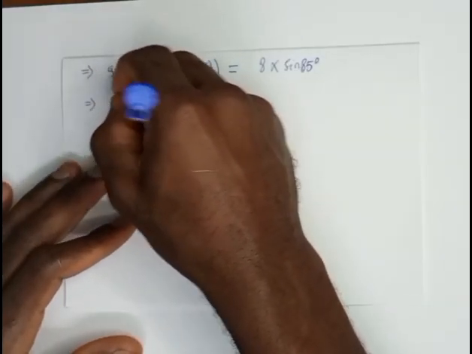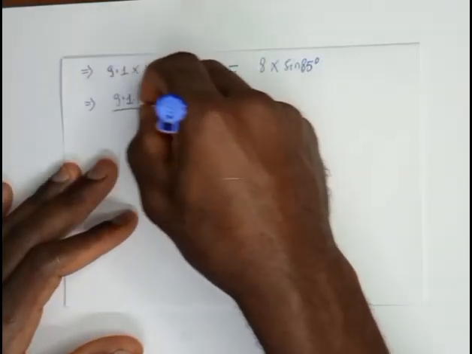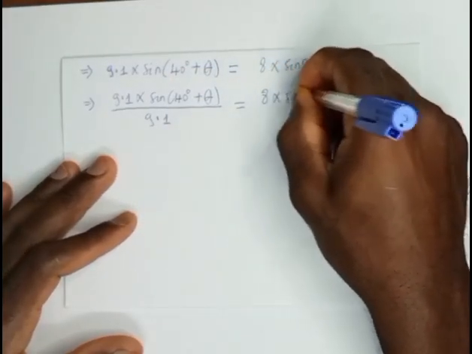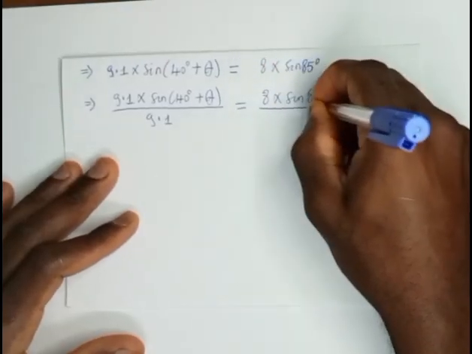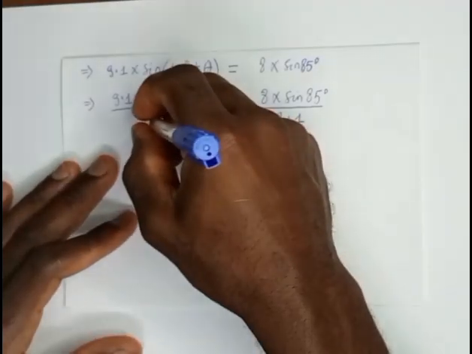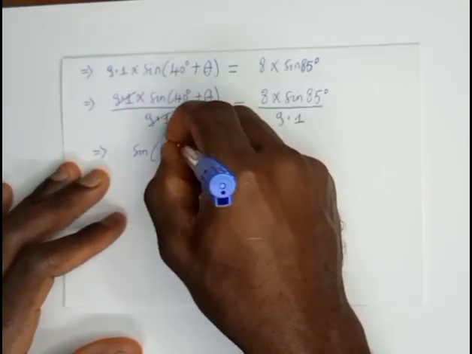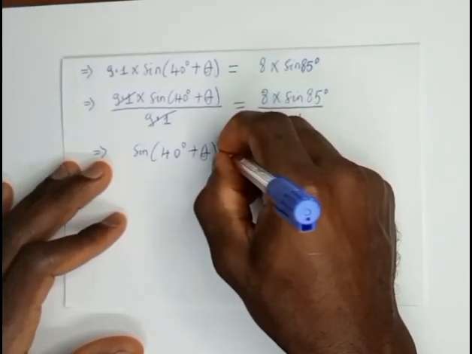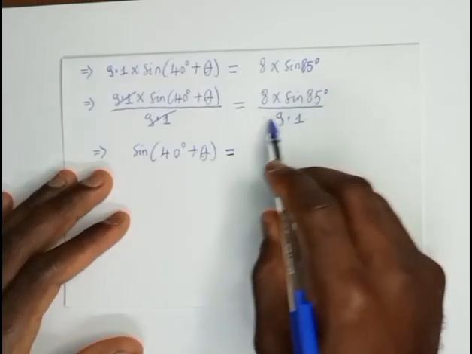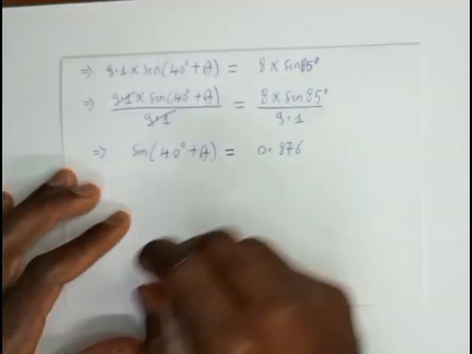On the left hand side, 9.1 cancels 9.1. Then the sine of 40 degrees plus theta will simply be equal to 8 times the sine of 85 degrees, divided by 9.1, which gives us 0.876 to 3 decimal places.